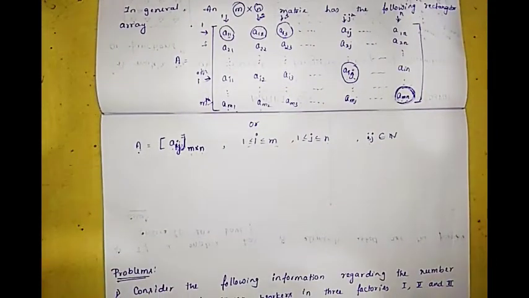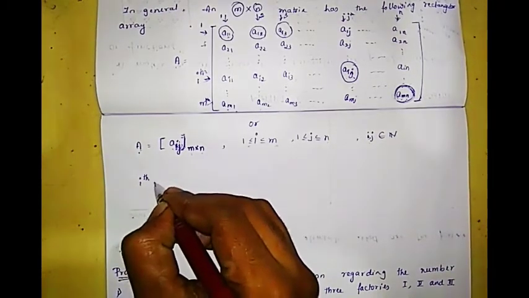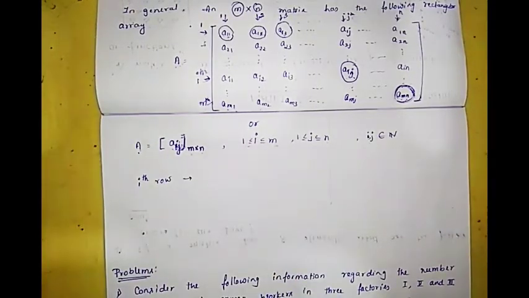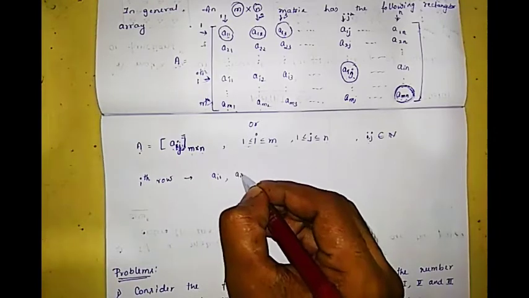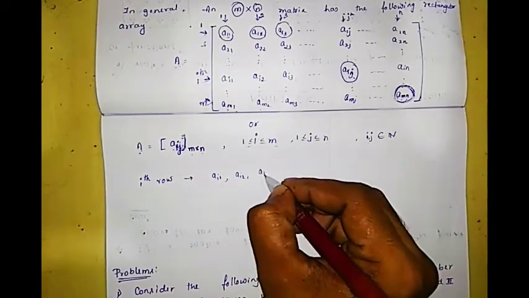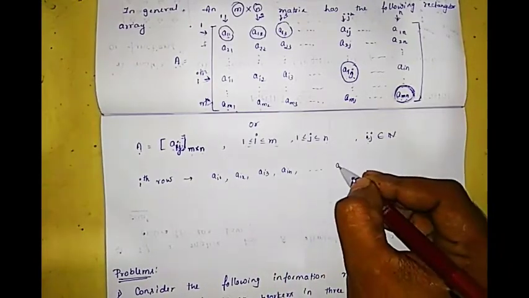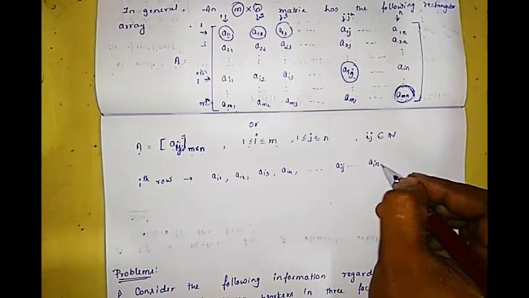Now let us look into the ith row elements. In this matrix, the ith row contains the elements ai1, ai2, ai3, ai4 up to aij up to ain.